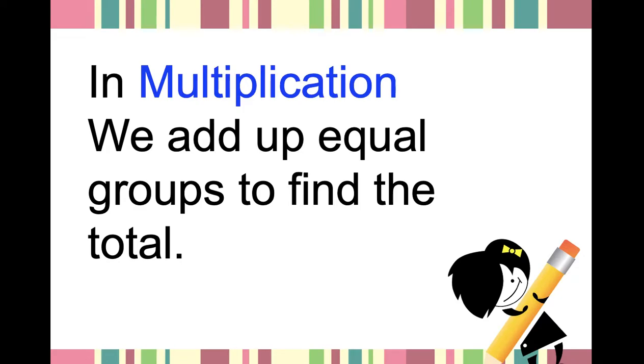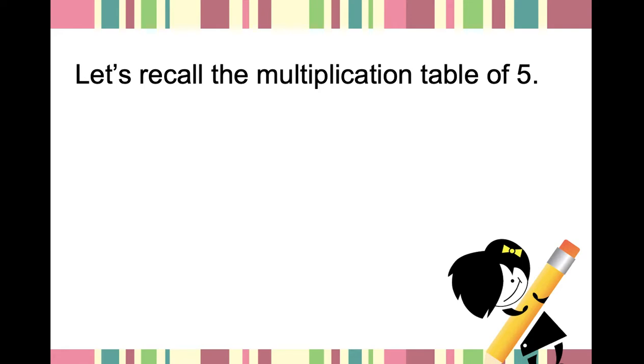In multiplication, we add equal groups to find the total, whereas in division, we divide.